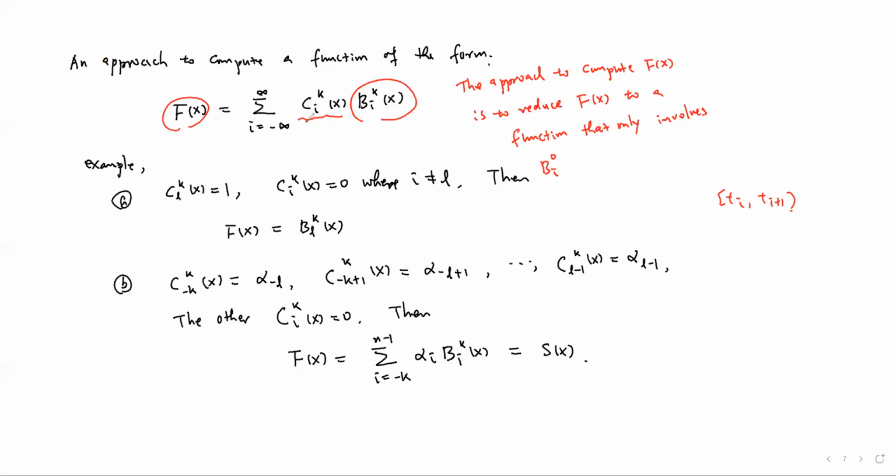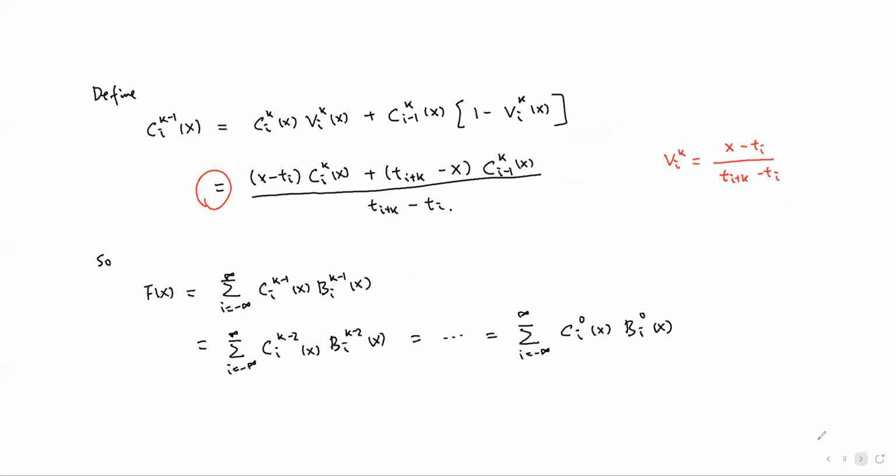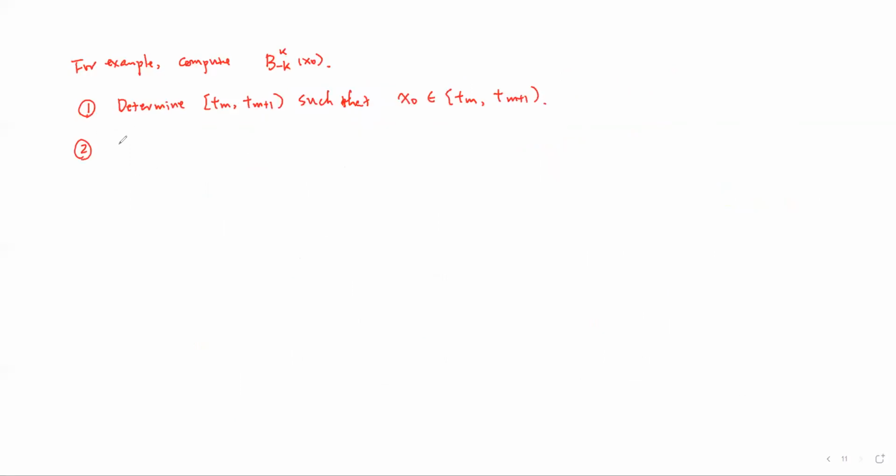Now let me specify Cik in the definition of capital F. When i is negative k, Cik is equal to 1.